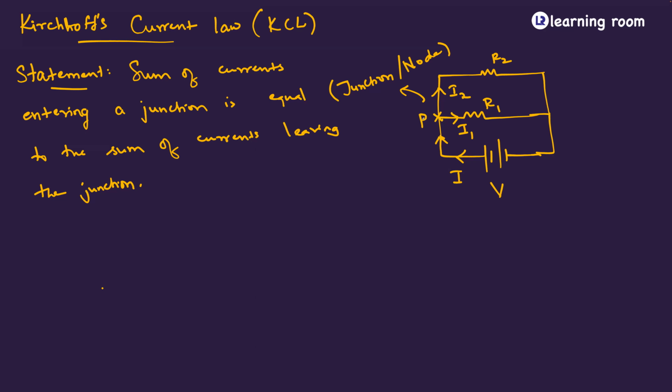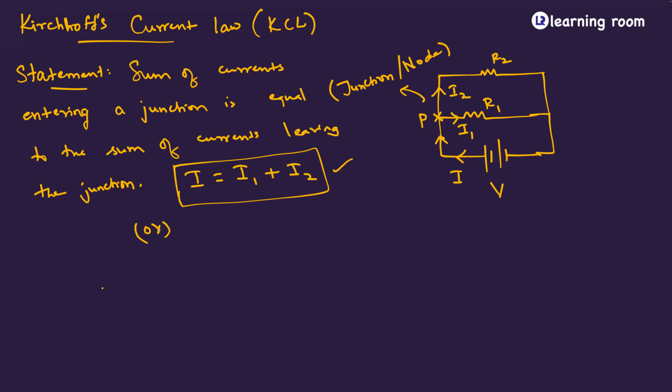If I take this point to be P, look at the currents entering the junction, meaning which current is traveling towards P. It is I. The sum of currents entering equals the sum of currents leaving. Which two currents are traveling away from it? Obviously I1 and I2. This is the mathematical expression for Kirchhoff's current law in this problem. Are you able to understand?